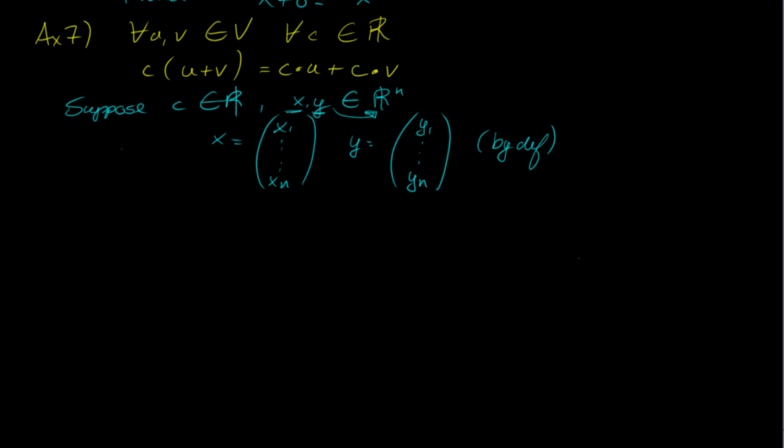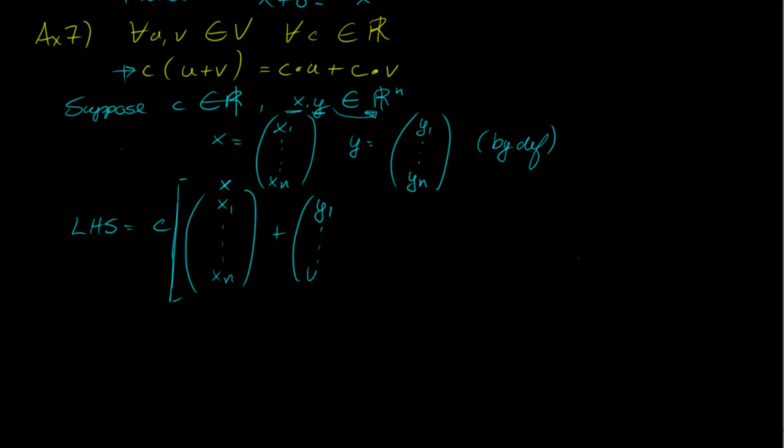Then I'll start with the left-hand side of my proof: c, which is an arbitrary scalar, times, and I'll do a big bracket and then a small one. So I have x, which is x1 through xn, plus y1 through yn.